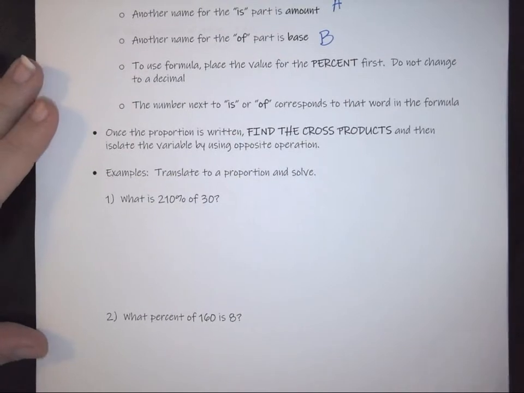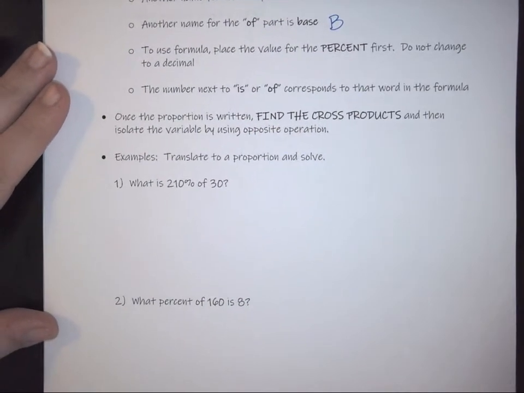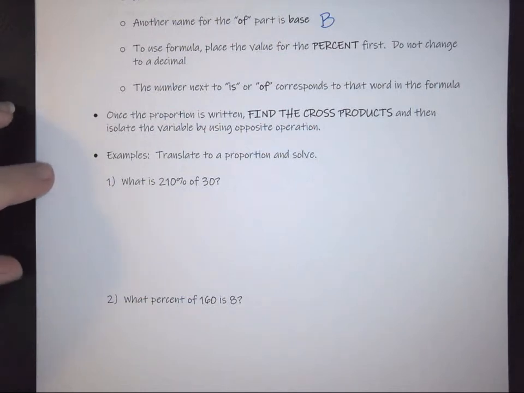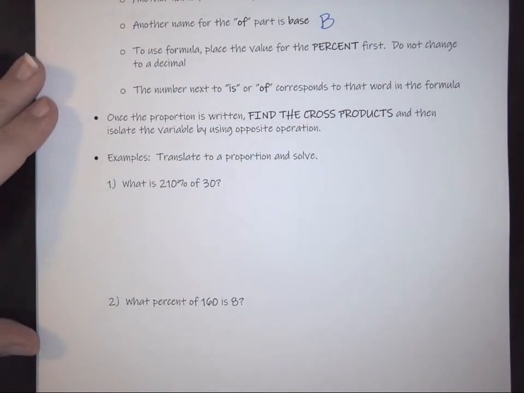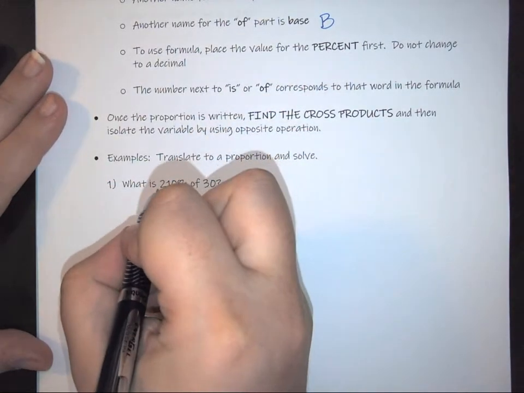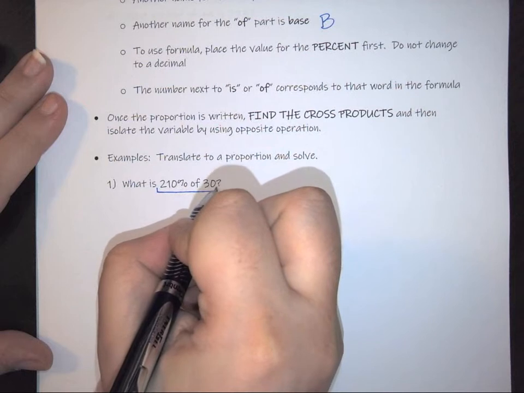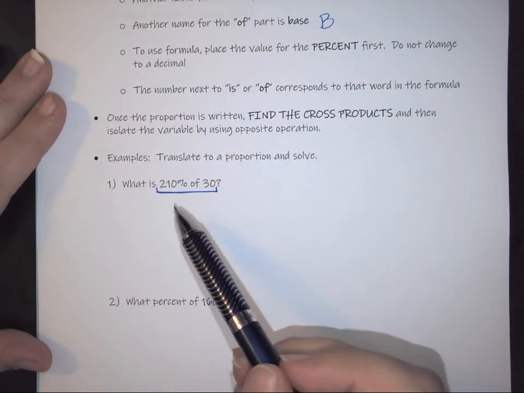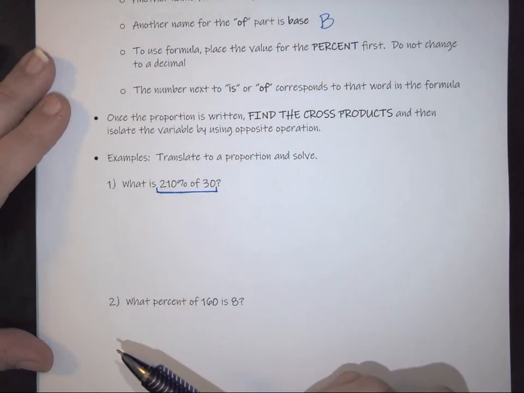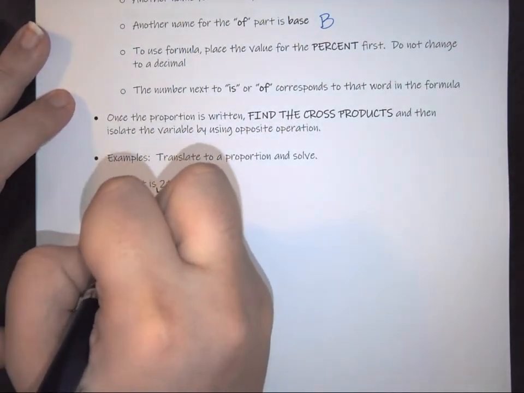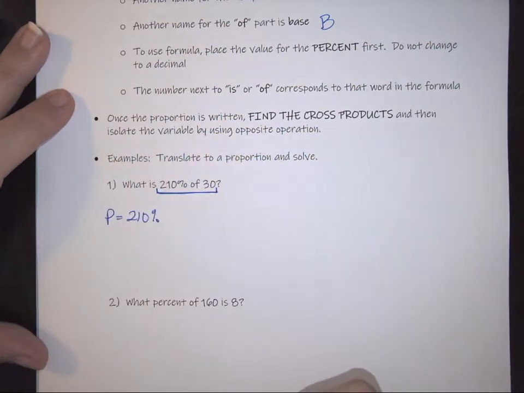So let's take a look at it. The first one says, what is 210% of 30? So here we're looking at this part of the sentence. This is the part that matters. The first thing that we have is 210. So when we're talking about P, we're talking about the 210%.